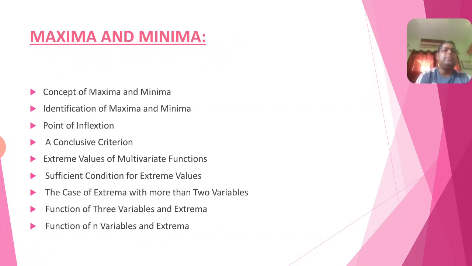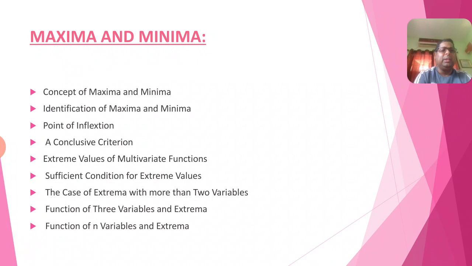And the next unit is related with maxima and minima, that is the concept of maxima and minima and identification of maxima and minima, point of inflection, conclusive criteria, and you have to find out the extreme values of multivariate functions and sufficient conditions for extreme values, the case of extrema with more than two variables, function of three variables and extrema, function of n variables and extrema.